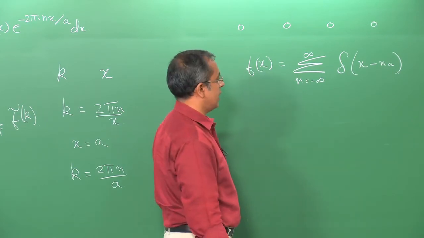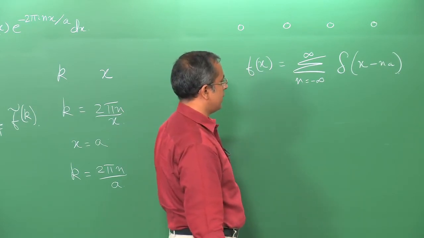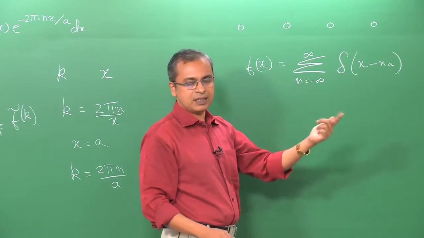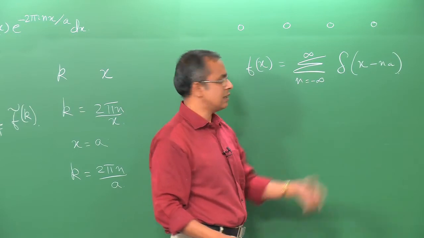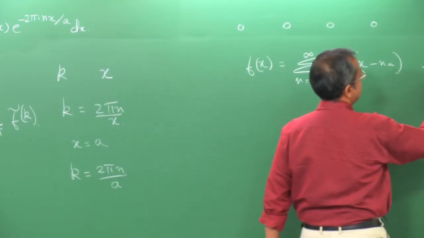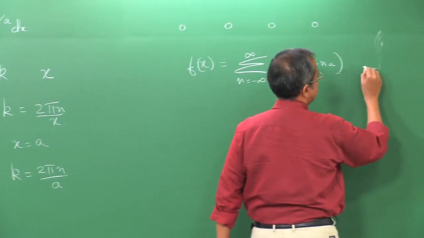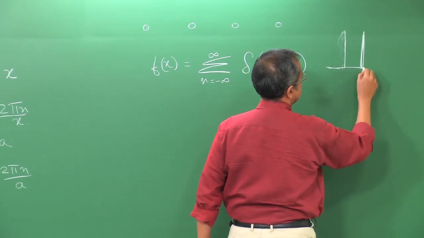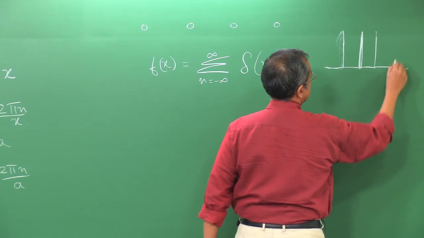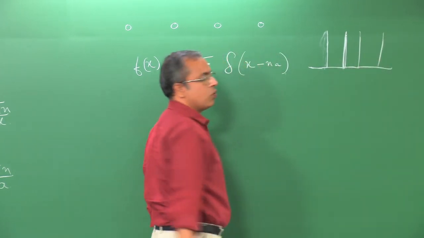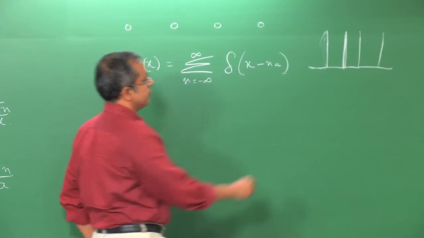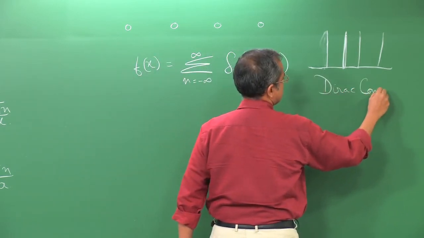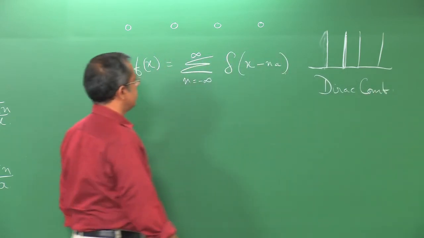Since it is a spike at specific locations, it looks like a comb, so it is referred to as a Dirac comb.